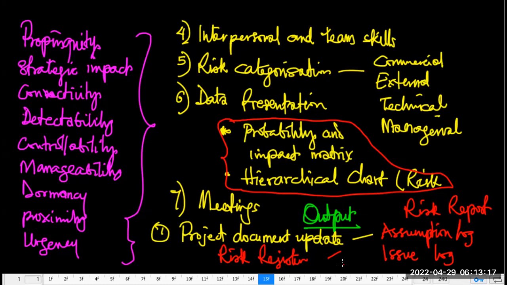When you update the risk report, the assumption log is also updated. I expected that by the end of this, you should be able to update these documents. You get it? Yeah, these documents. Is that right? Good.